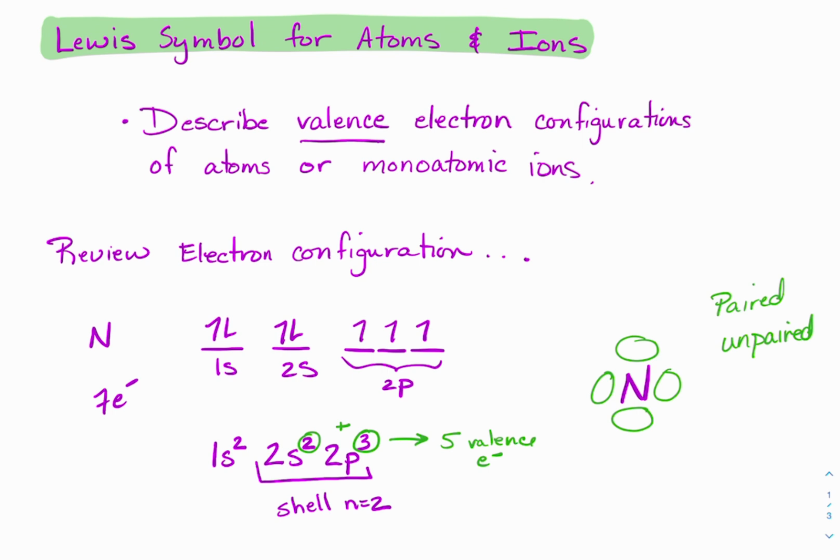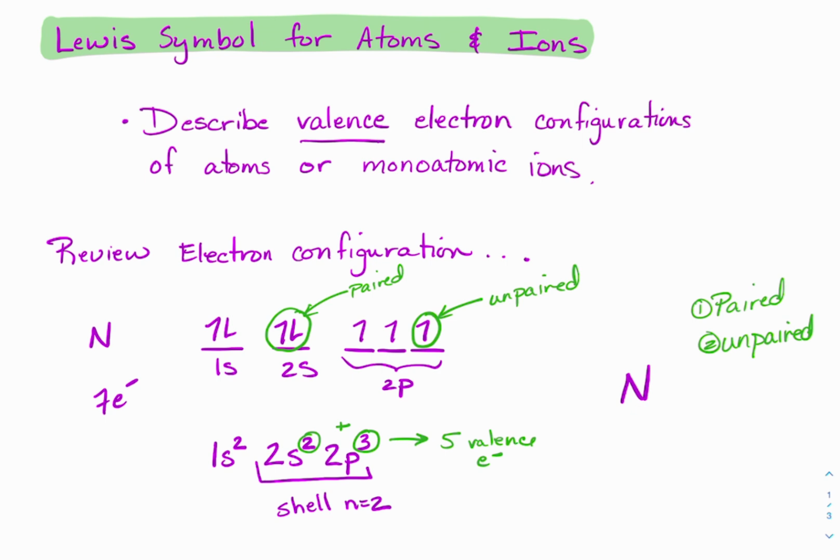So these are our two options of placing those electrons. Each time you have a set of electrons where there are 2 within a single orbital, this is considered a paired set. When you have electrons that are in an orbital by themselves, you have 3 of those in the 2p subshell, these are considered unpaired. That paired and unpaired pattern must be represented in the Lewis symbol.